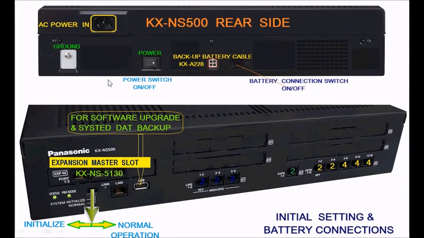This is the rear side of the KX-NS500. This is a plug for AC power in, and this is the ground connection, and this is power on and off, and this is for the battery, which can be available or not, depending on the version of the PBX.